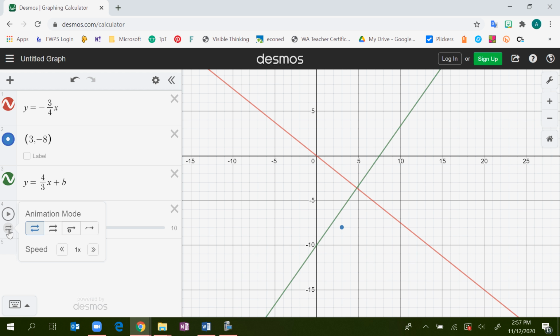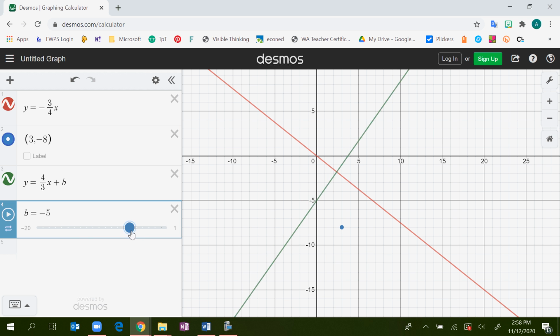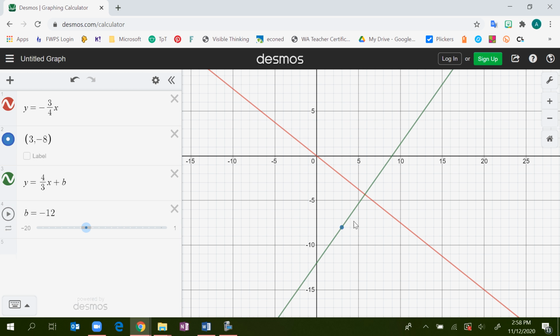So I wonder if we can go ahead and increase this value. Let's go to negative 20. Right. So let's move it down all the way. And now it is overlapping my point that I needed it to go through. And it's telling me that my b should be negative 12.